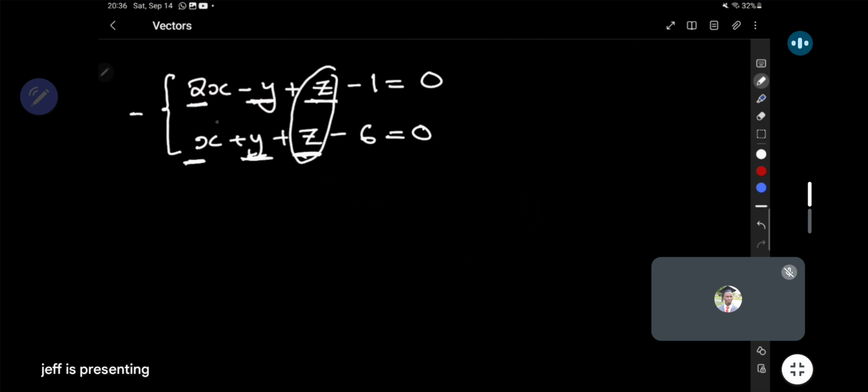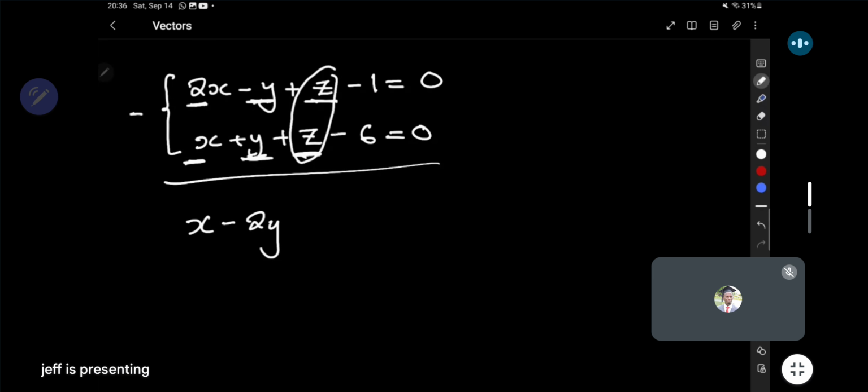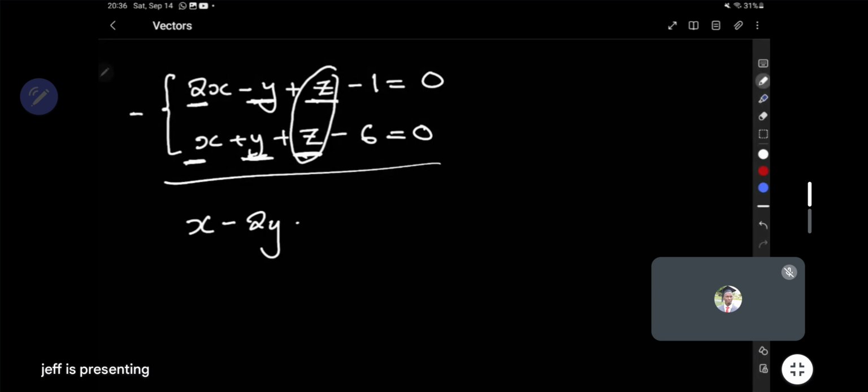What we're going to have is 2x minus x, which reduces to just x here. Then minus y gives us minus 2y. And then we'll have negative 1 minus 6, so negative 1 plus 6, which will be plus 5. And on the right side, this is just equal to 0.